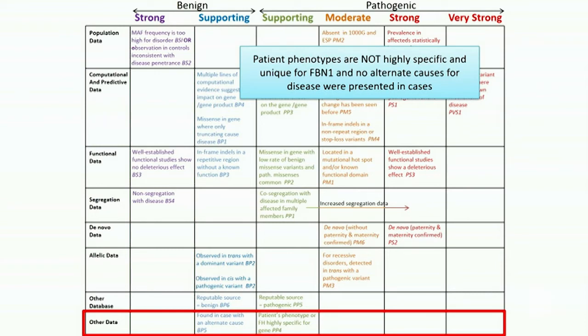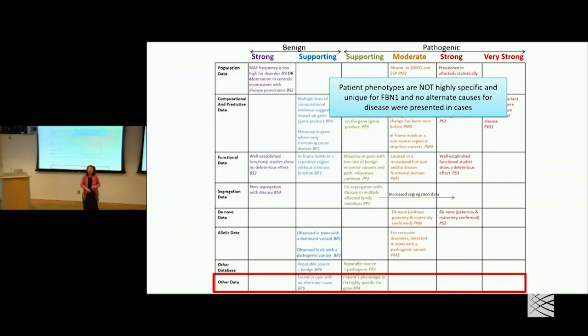Does not work as well for diseases that are highly genetically heterogeneous, that we don't understand all the causes, that have phenocopies and all of that, like hearing loss, retinitis pigmentosa, diseases that have lots of different genes. But for certain genes where the patient's phenotype is highly specific for that gene, you can use that as supporting evidence.